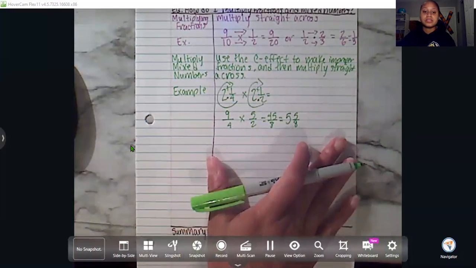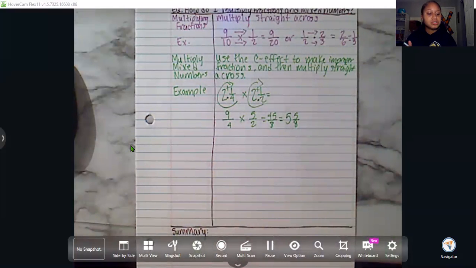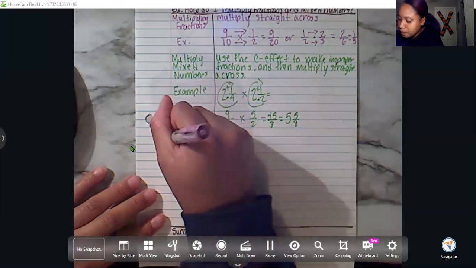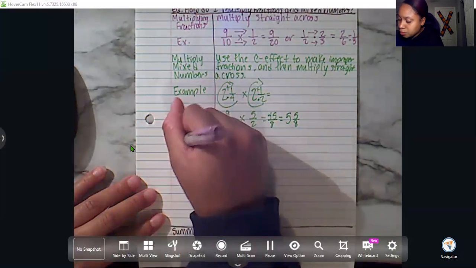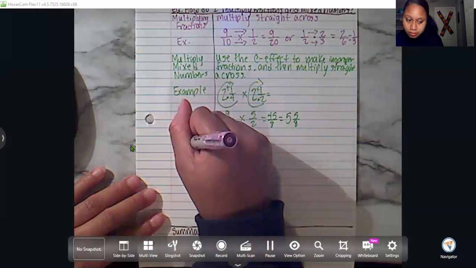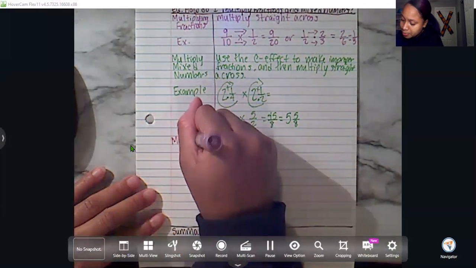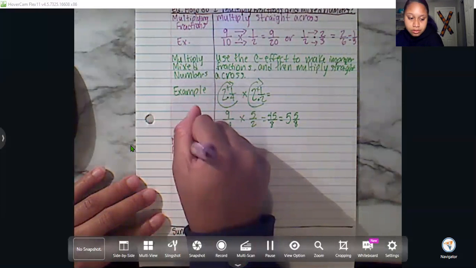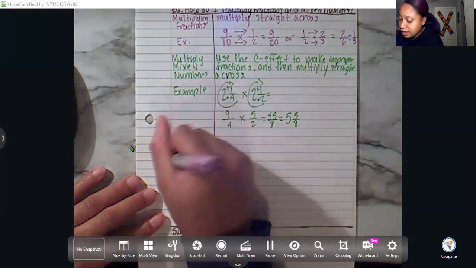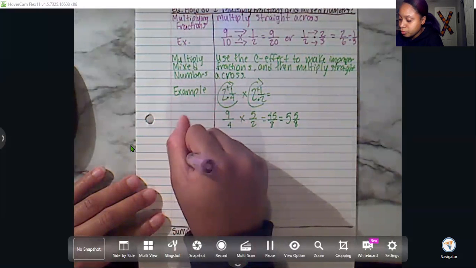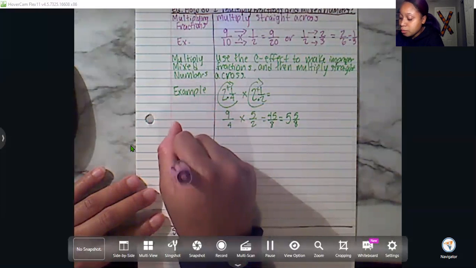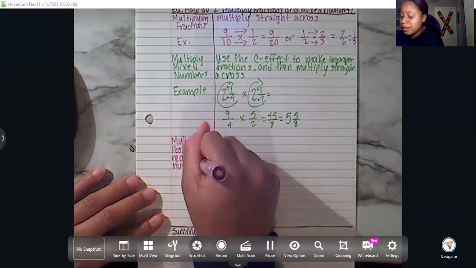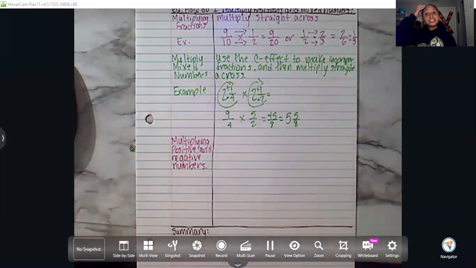All right, so the last piece is looking at multiplying positive and negative numbers. So same rules as when we were dealing with multiplying our integers.